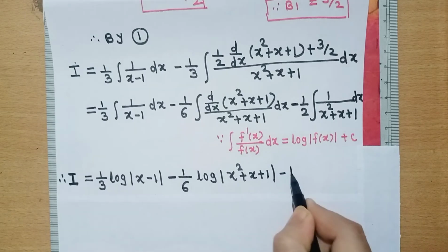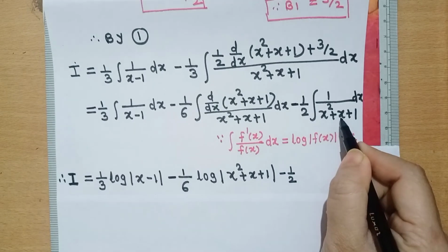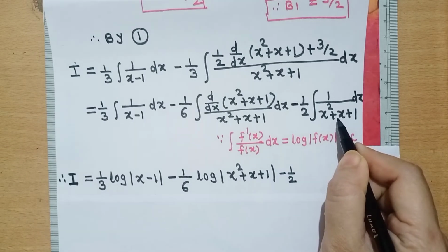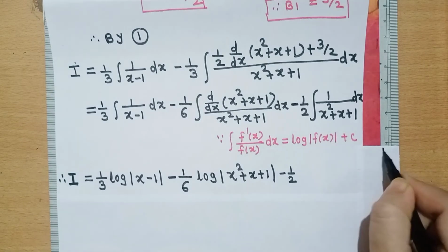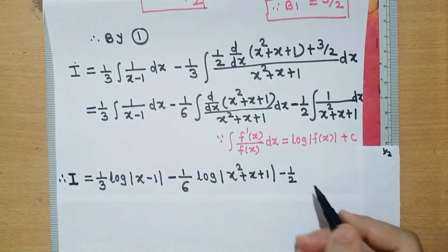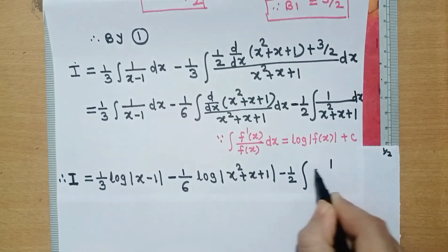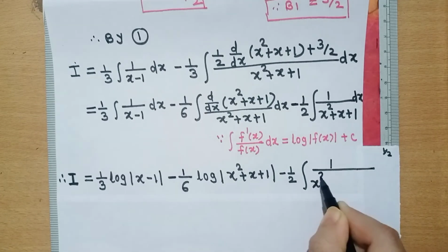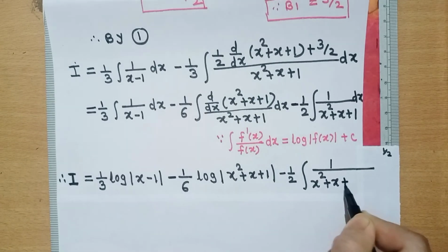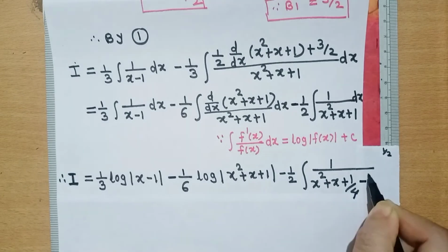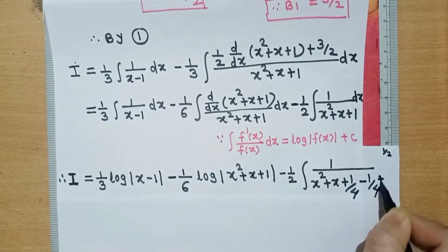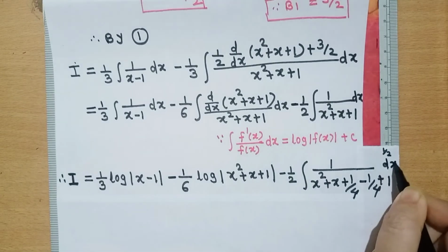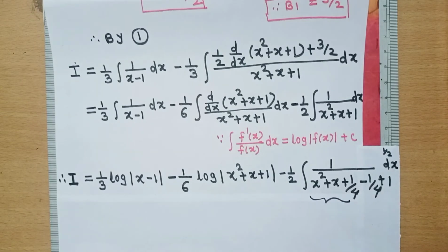And here we will write, check here, coefficient of x is 1, divide by 2, so 1 upon 2, its square is 1 upon 4, so we will add and subtract, so x square plus x plus 1 upon 4, then minus 1 upon 4, and then plus 1 into dx, and now this is a complete square.